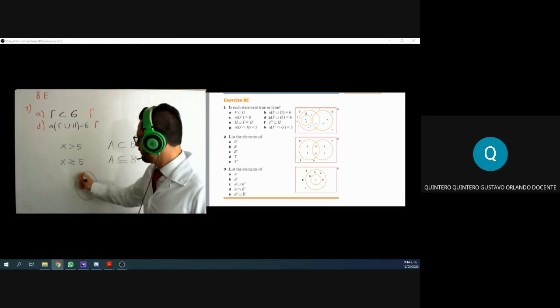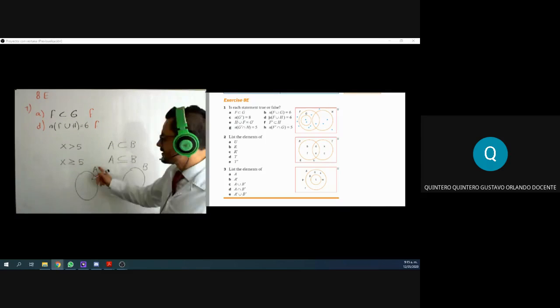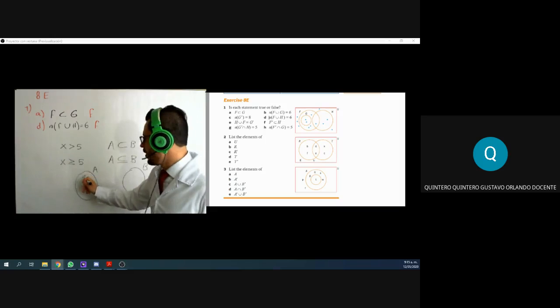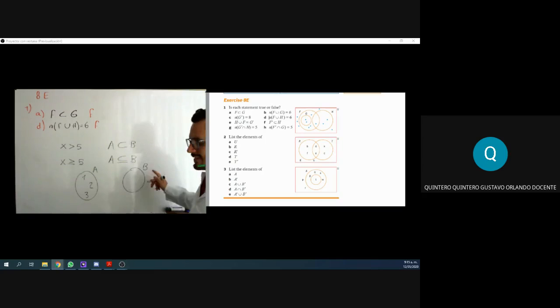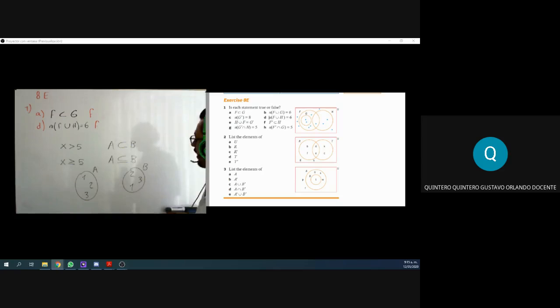If I draw a diagram for each set, and in set A you have the numbers 1, 2, and 3, and in set B you have the numbers 1, 2, and 3, did you see what I did? Would you say these two sets are different, yes or no? No. They are the same. It doesn't matter, because they have the same elements, they are the same set. So you have indeed A equal to B. The two sets are the same.